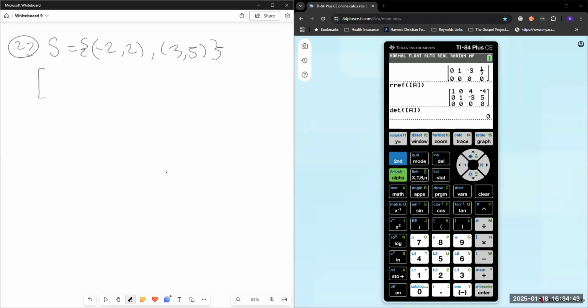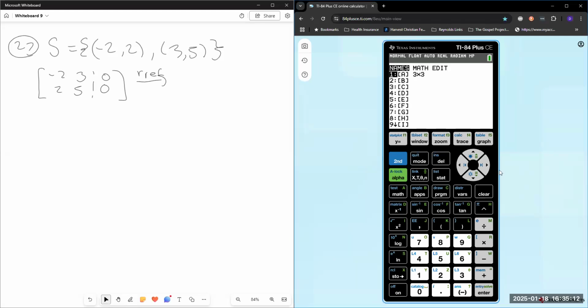So if -2, 3, 2, 5, 0, 0, if I RREF that, what will I get? It's really no different though than asking me if this has a 0 determinant, but we just have different ways that we tell you to do that in the book here.